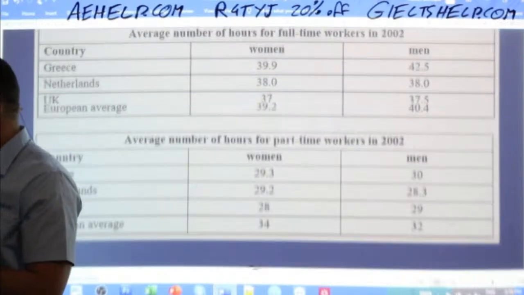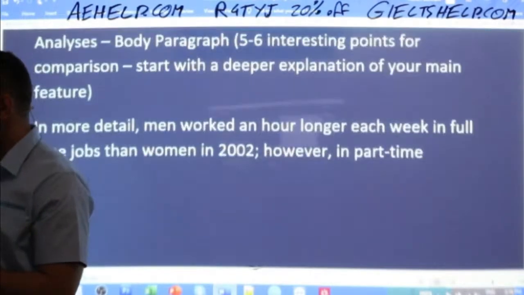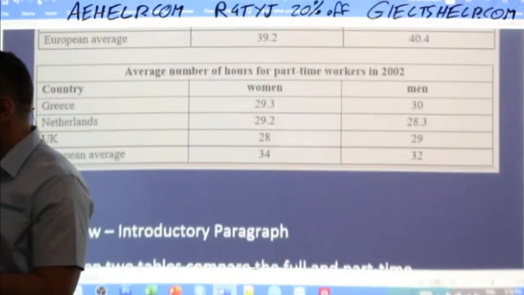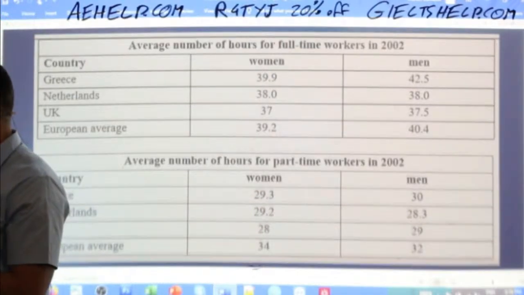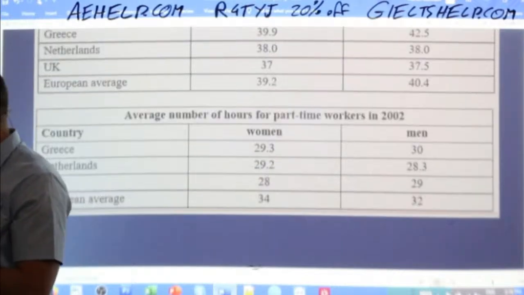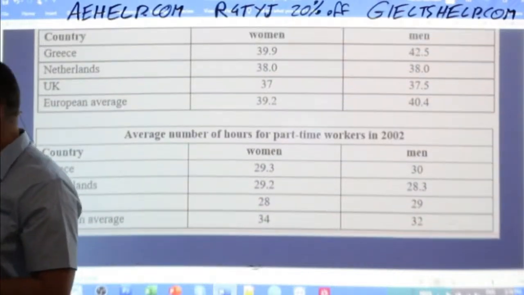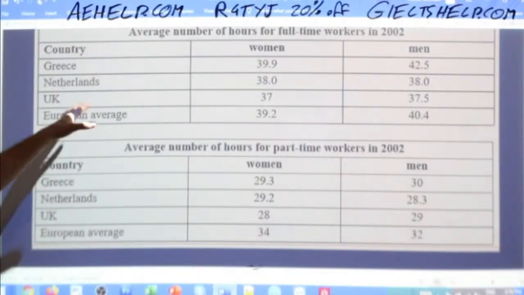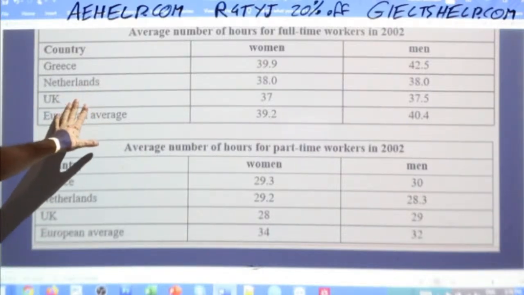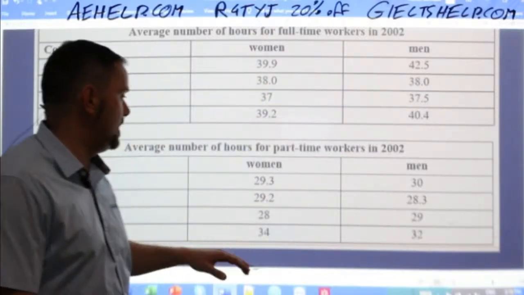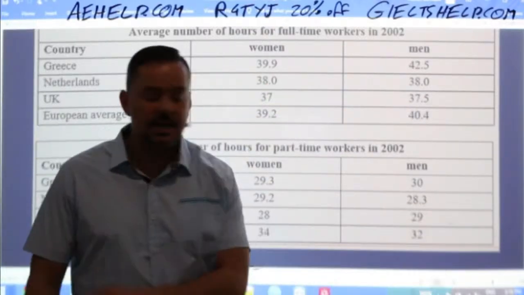We'll do a little bit more. So I have my point 1, I have my point 2, I have my point 3. Now I want to get into my point 4, which is the Netherlands. So Netherlands, 38 for men, 38 for women, 29 here, 28 here.